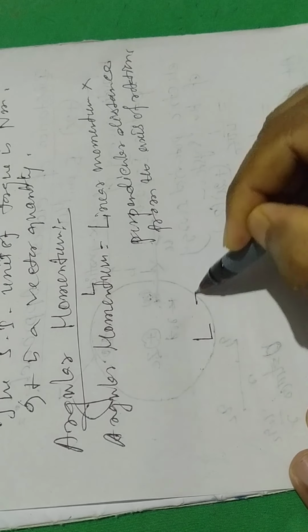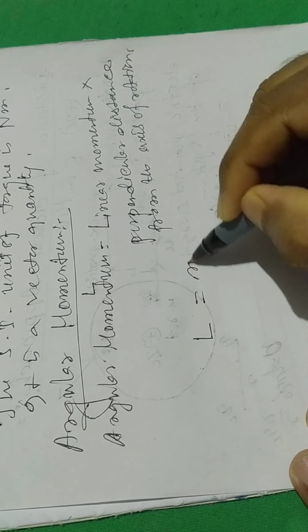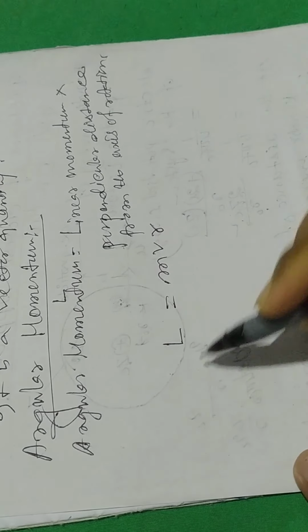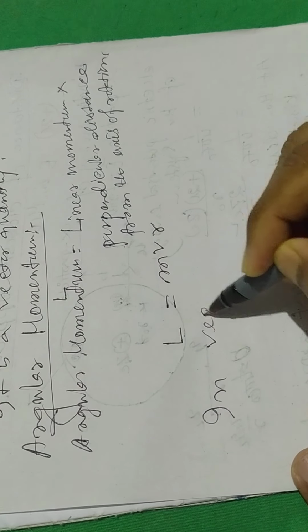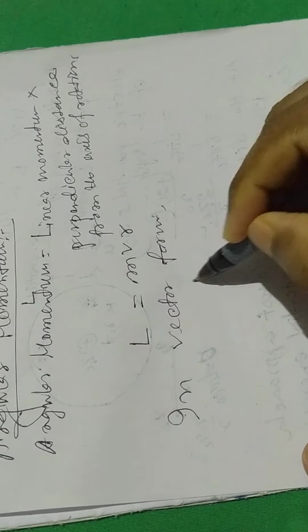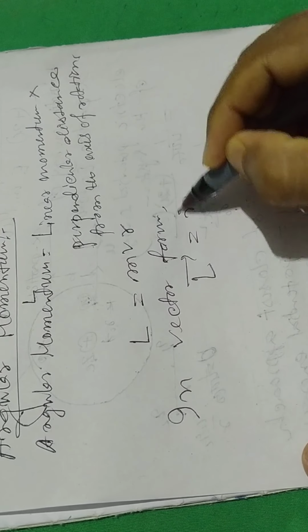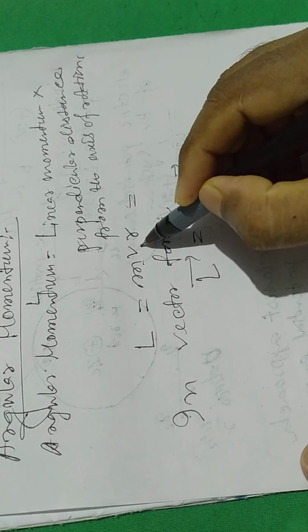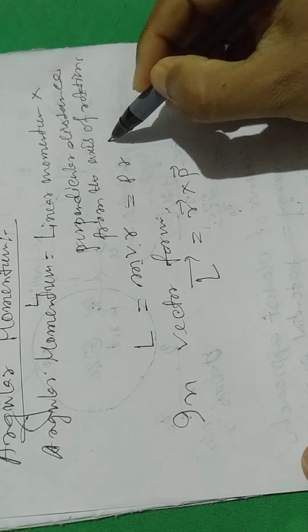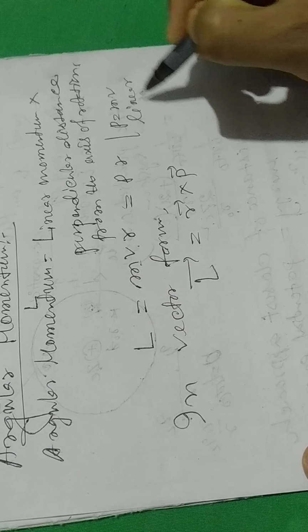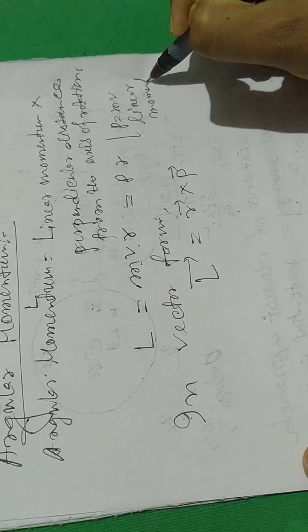It is denoted by L. L equal to linear momentum, which is mv, times the perpendicular distance r. So in vector form, L equals r cross p, since mv is the momentum p, the linear momentum.